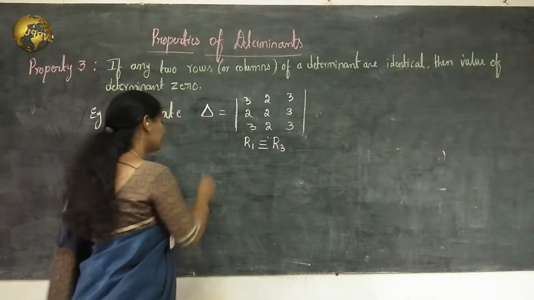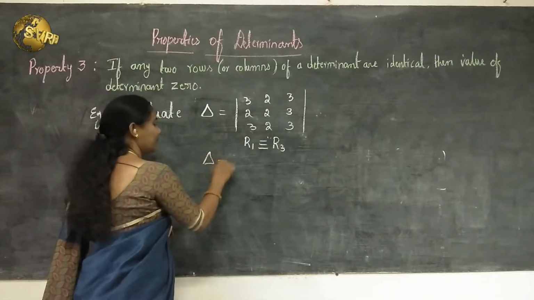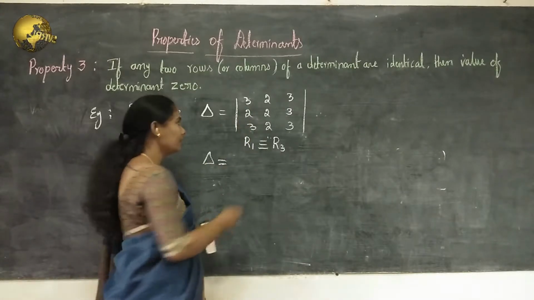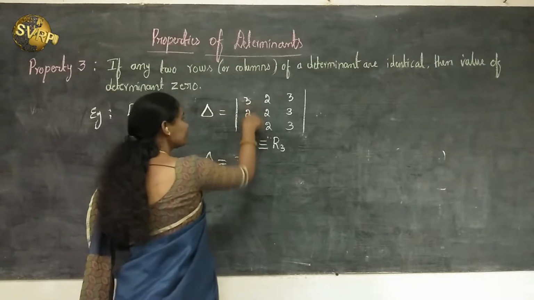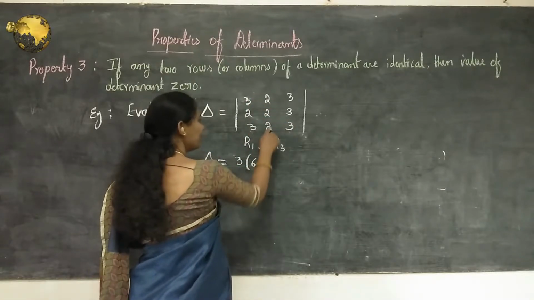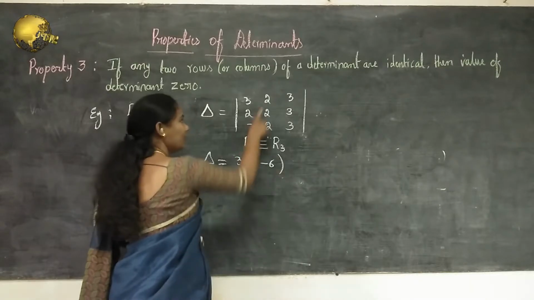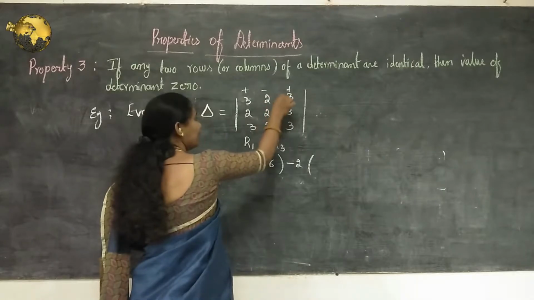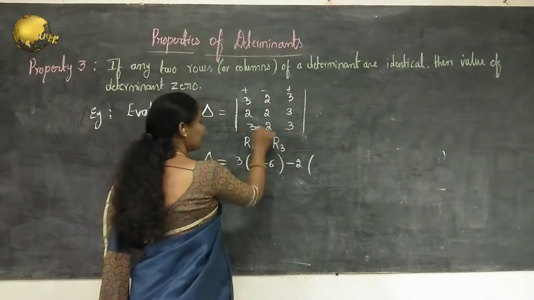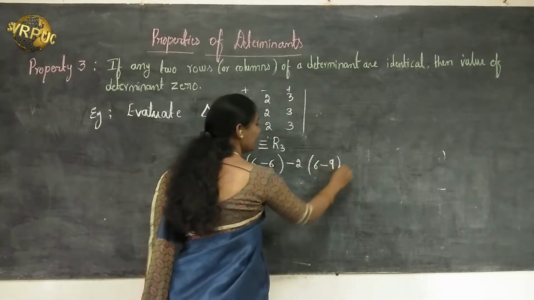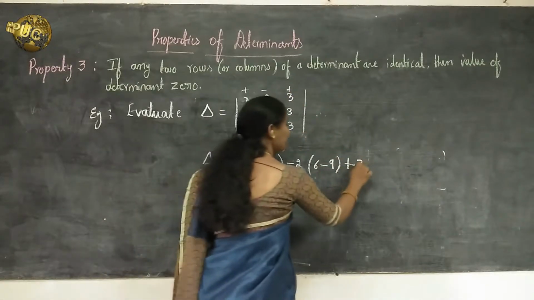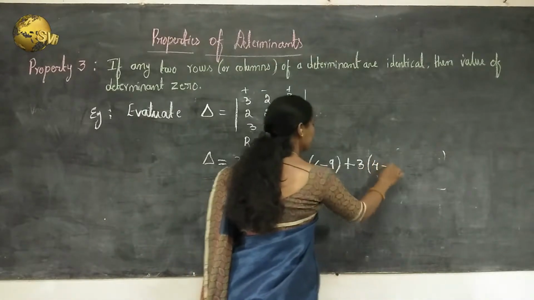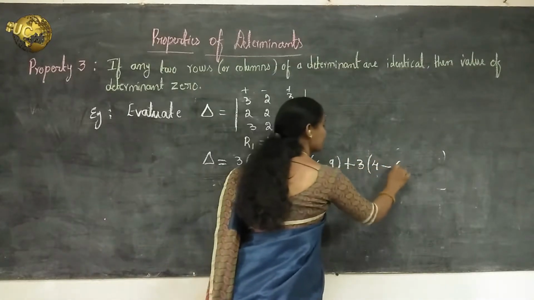Let me expand this and see whatever value we get. I'll expand along row 1. So 3 into, 2 threes are 6 minus 6, then plus minus plus, again minus 2 into, 2 threes are 6 minus 3 threes are 9, plus 3 into, 2 twos are 4 minus 3 twos are 6.